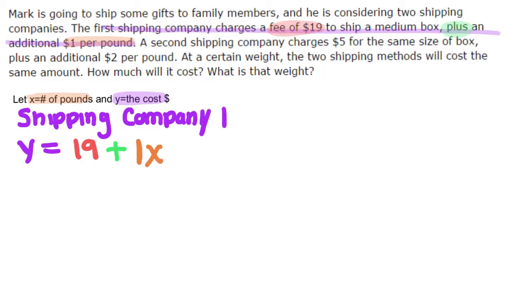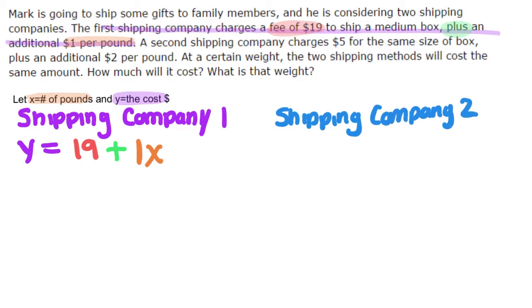Now my second shipping company, it says the second shipping company charges $5 for the same size box plus an additional $2 per pound. So we're going to use y as the cost because we know that the two costs will be the same amount.